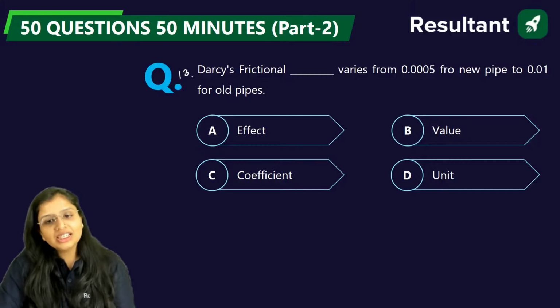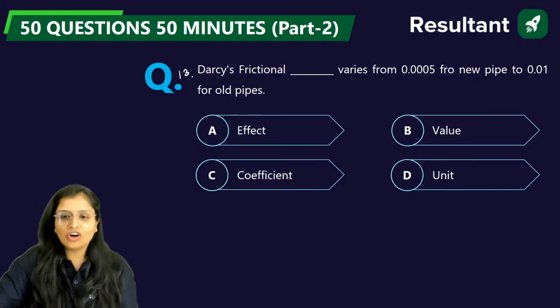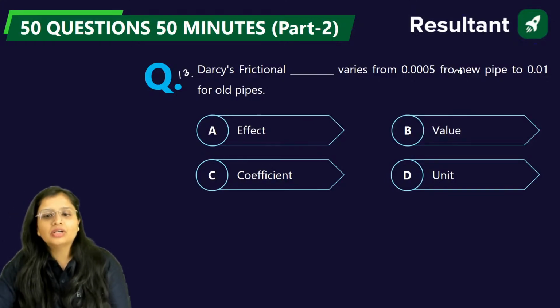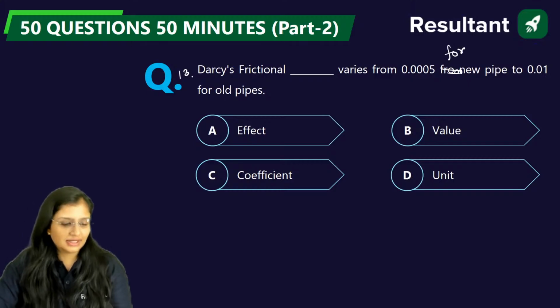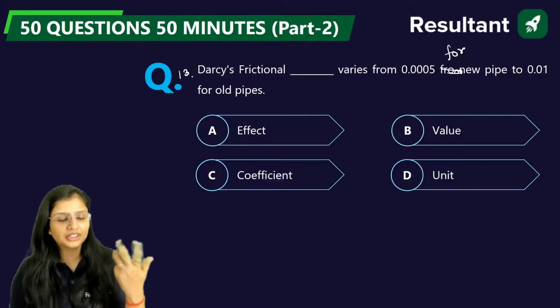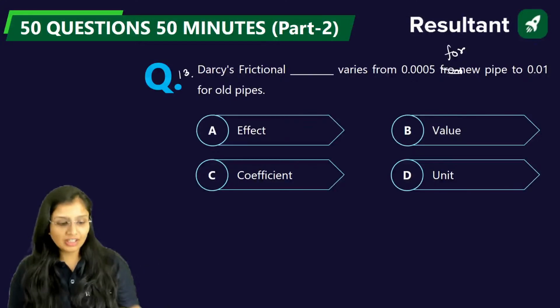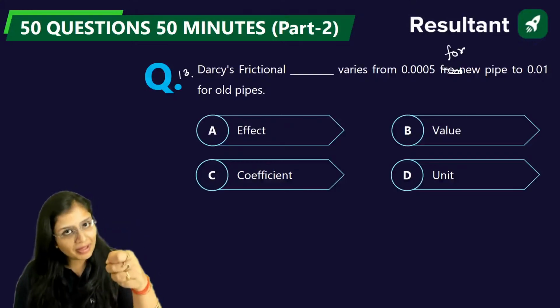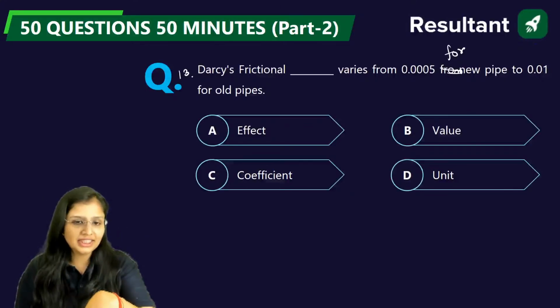Darcy's frictional dash varies from 0.0005 for new pipe to 0.01 for old pipe. What is this? Darcy's frictional coefficient. If it is a new pipe, obviously the friction will be very less initially.